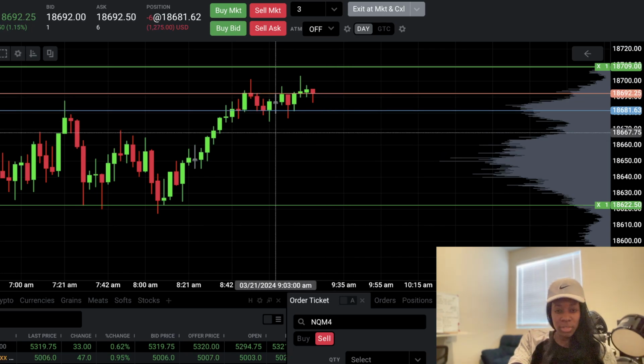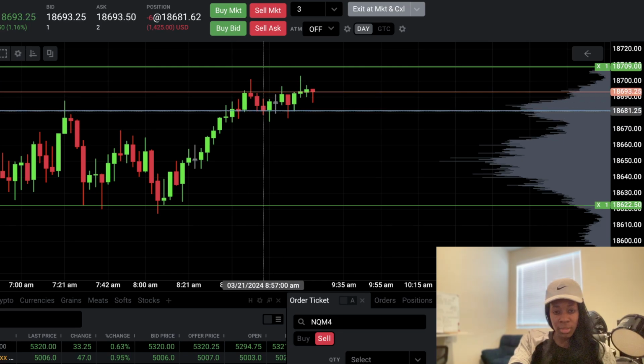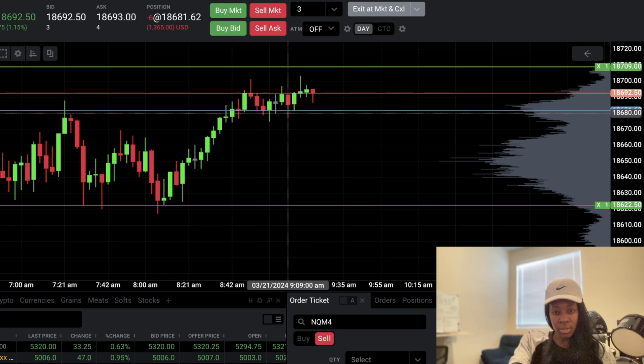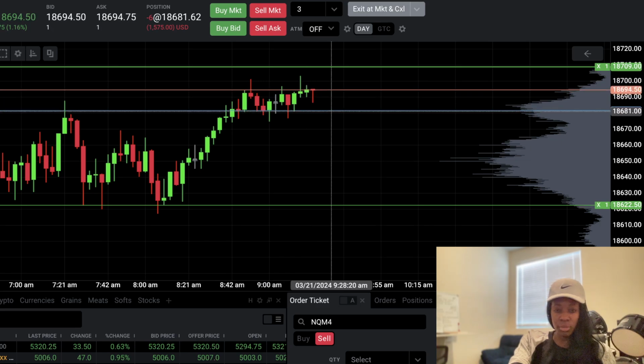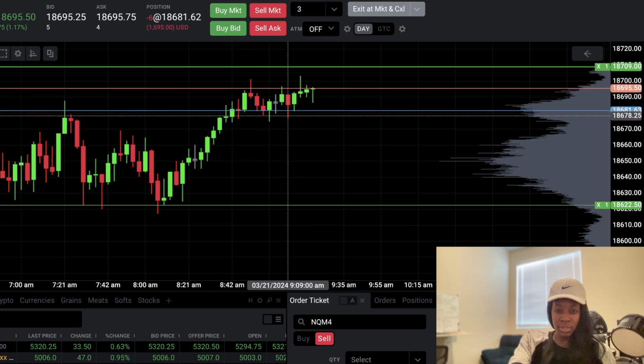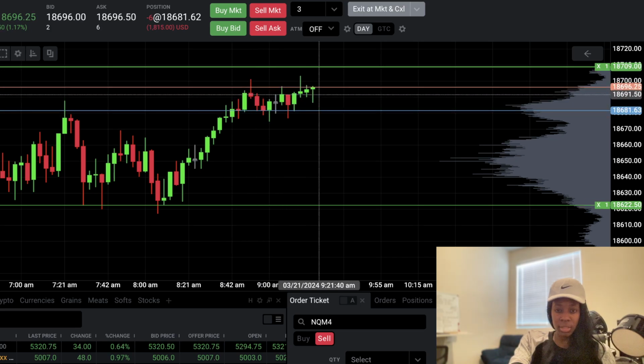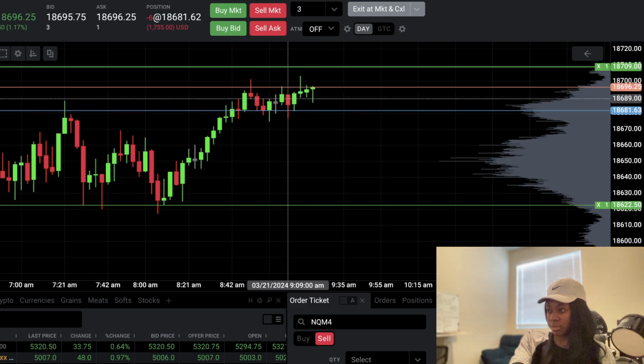Looking at this, it's almost like, do we have a double bottom, or it looks more like a double bottom than it does like a double top, which if it's a double bottom, that was potentially kind of like a pullback to the neckline, which is kind of what that is. Fudge.